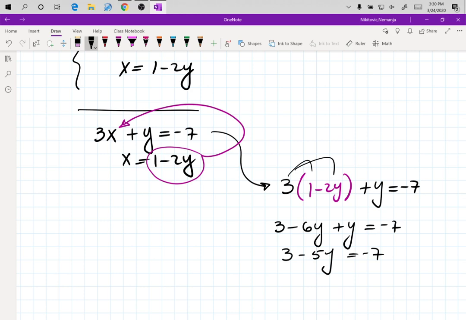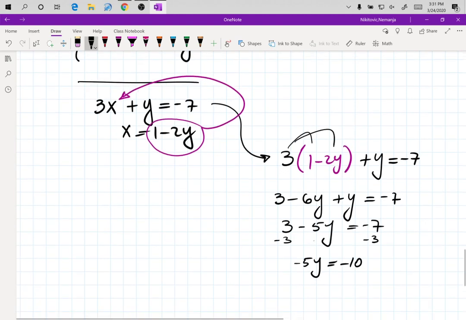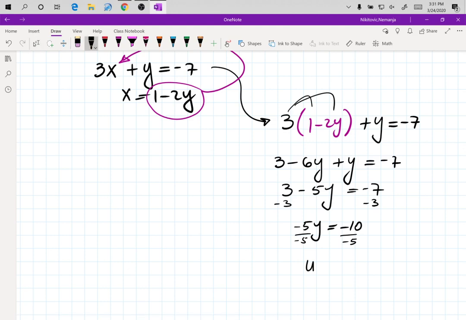That's going to give us negative 5. And now we're going to take 3 away on both sides. We get negative 5y equals negative 10. And we divide both sides by negative 5. Y equals 2. Divide negative by negative, you get a positive, right?